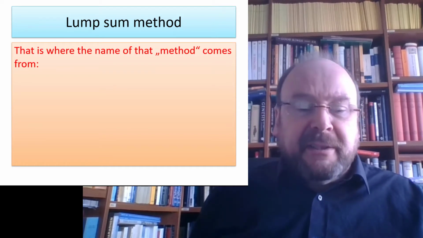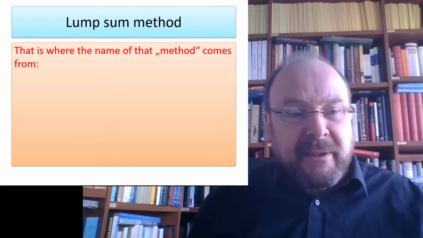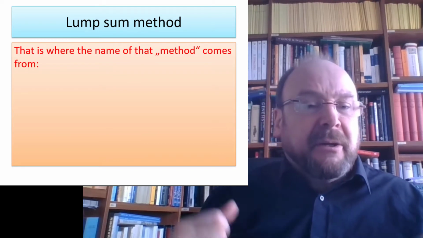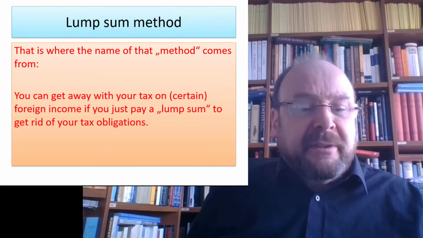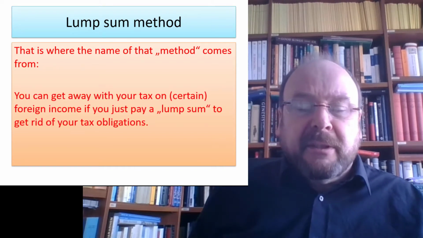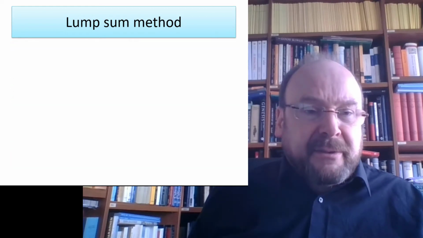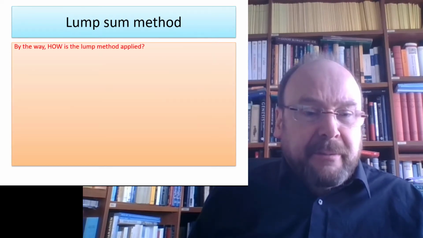So same idea here. Instead of paying the regular tax liability, you pay a lower amount and that's it. So an arbitrarily fixed amount deals with all your tax obligations for that affair.